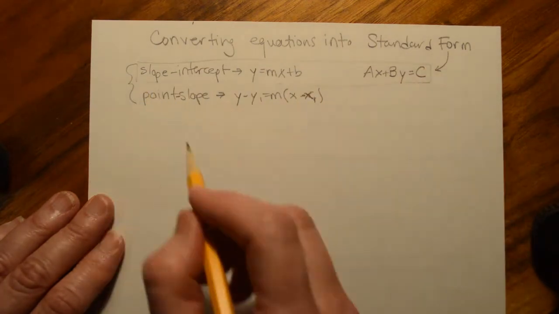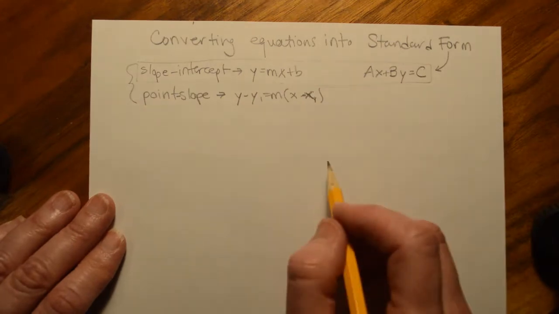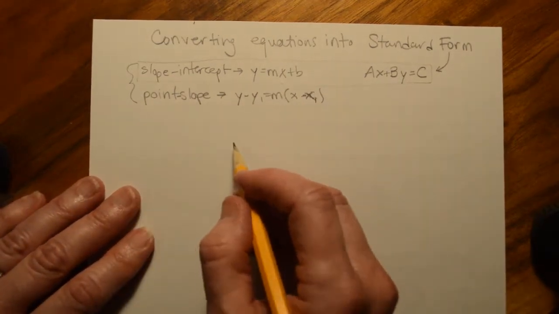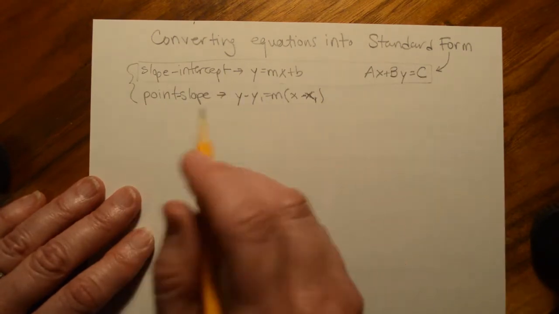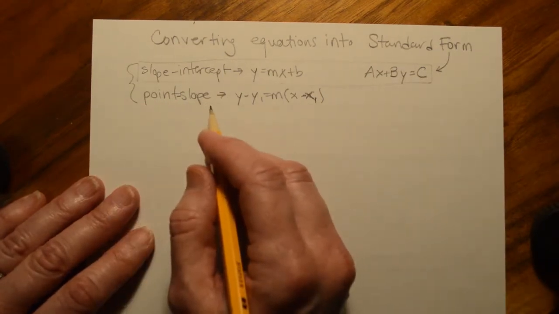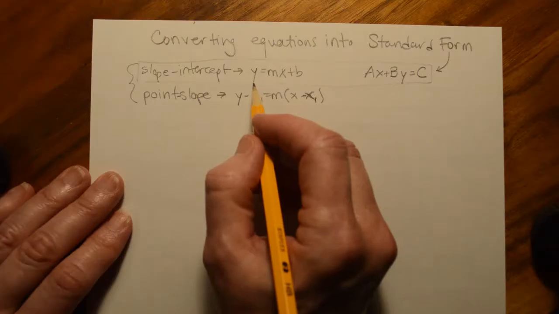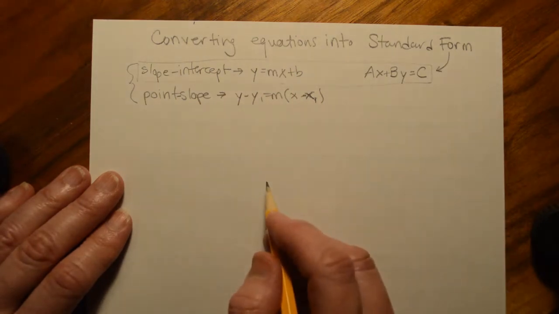And so what we're going to end up doing is a lot of switching from these forms into this form. And so I just thought that we would take a couple minutes right now to talk about that so that when we get into the following videos and you have to change that, it's not completely new to you. So let's just talk about how you would take an equation that's in slope-intercept form or in point-slope form and convert it into standard form.